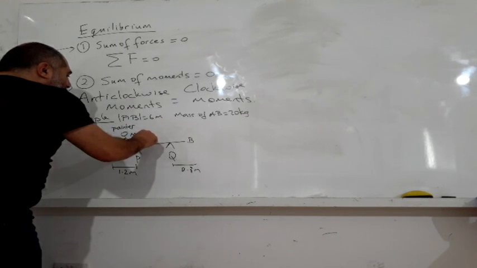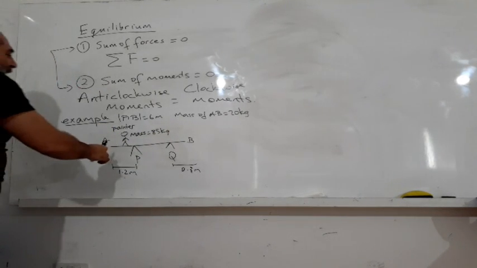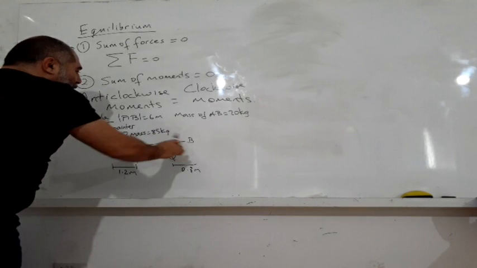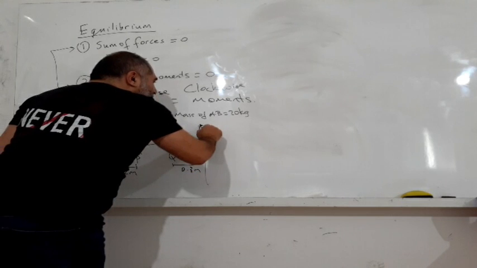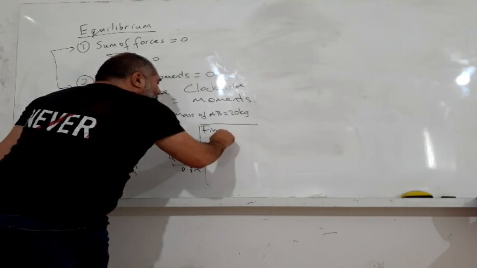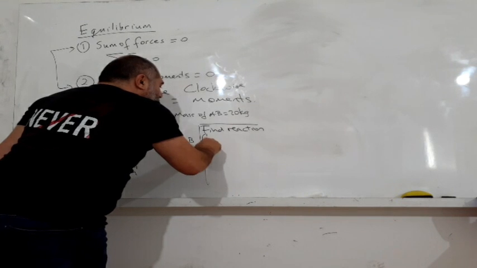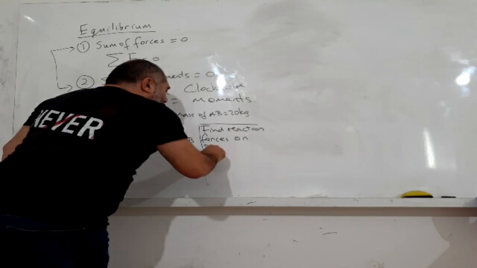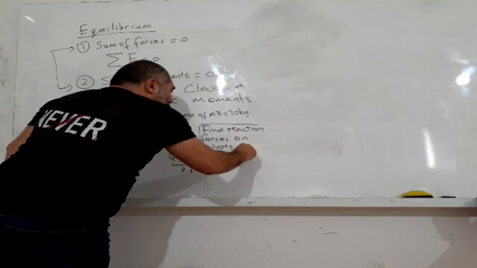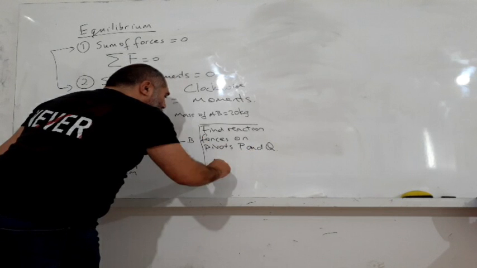And this was the uniform rod that we studied. And the question is, find reaction forces on pivots P and Q. What is RP and what is RQ?